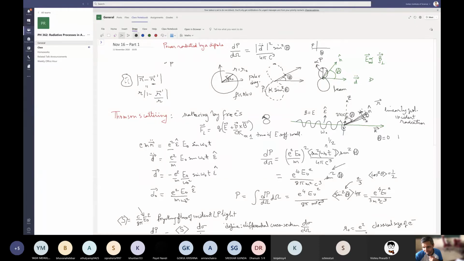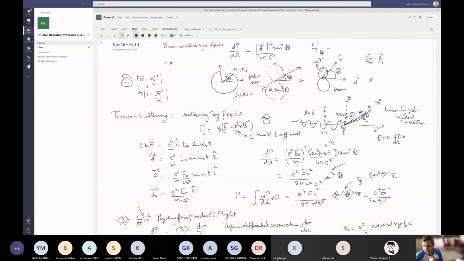So your power is equal to 0, which is also given by the sine squared theta. So if theta equals 0, you don't see any power. If you measure here, you will see no scattered radiation, no light basically, if you're looking towards the minus z hat direction.